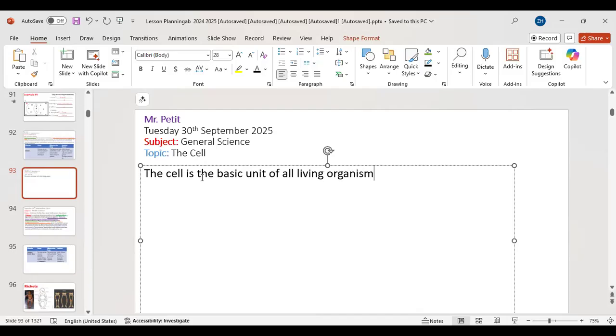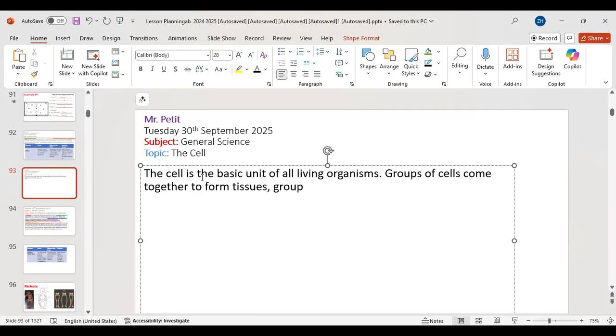Yeah. So a group of cells come together to form what? So groups of cells come together to form tissues. Very good.